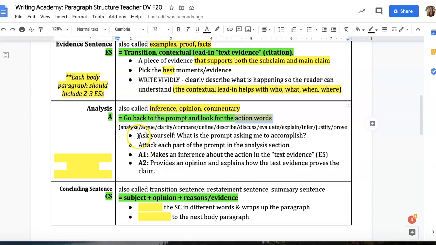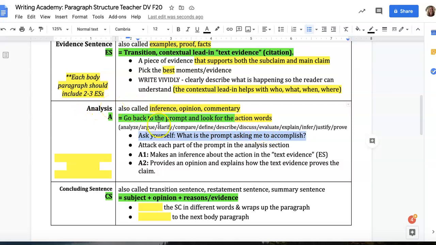So you're going to ask yourself, what is the prompt asking me to accomplish? And then you will look for those action words up here, and you'll say, oh, it's asking me to clarify. It's asking me to define. It's asking me to evaluate. Whatever those action words are in your prompt, and they always exist, they tell you what it is you're supposed to write for your analysis.